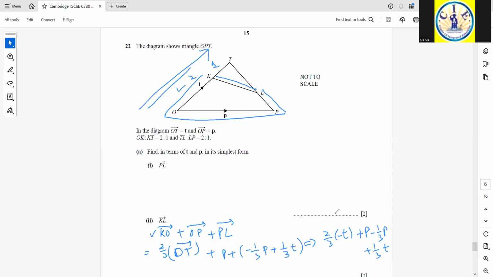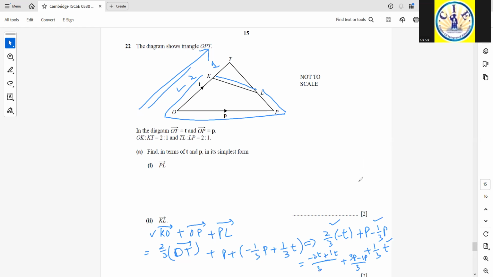Let's calculate it then. For T, this one and this one, that is negative 2T plus 1T, and then for P, this one, 3P minus 1P.